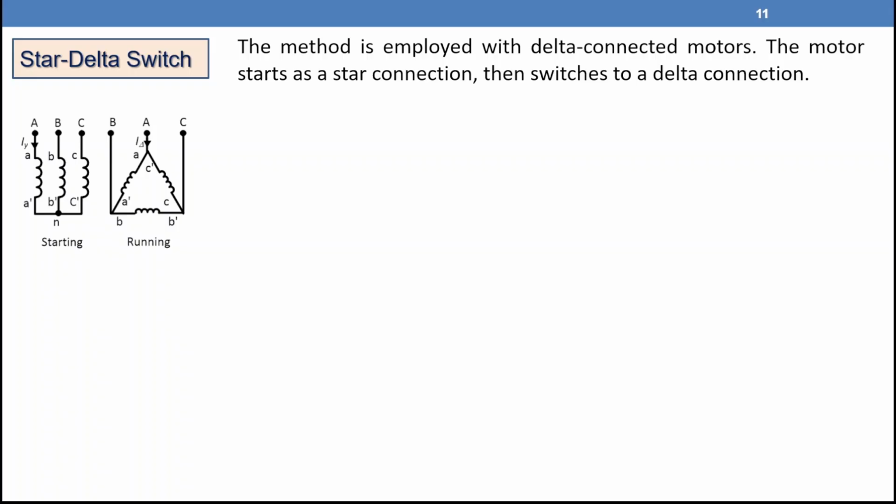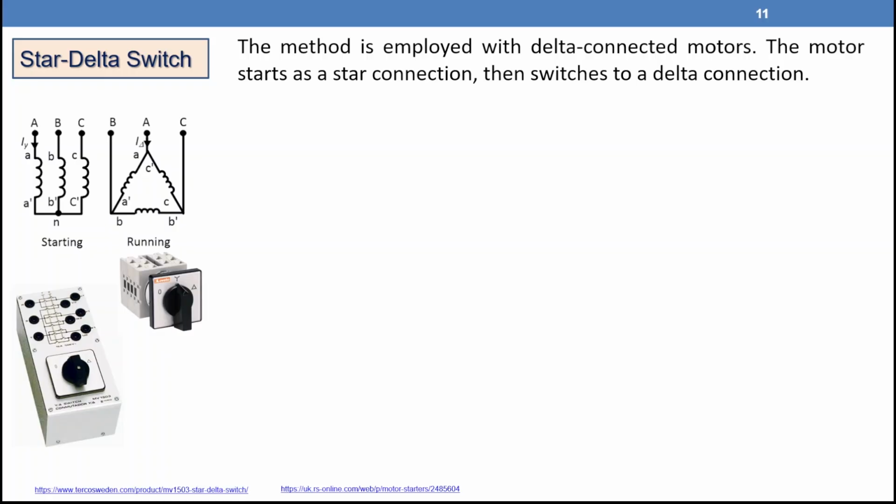Fine. So in the lab, we can do that one manually. We have a switch like that one or like this one as well. So we are going to connect the motor. Once the speed reaches more than 75% of the synchronous speed, we can switch from star to delta connection.